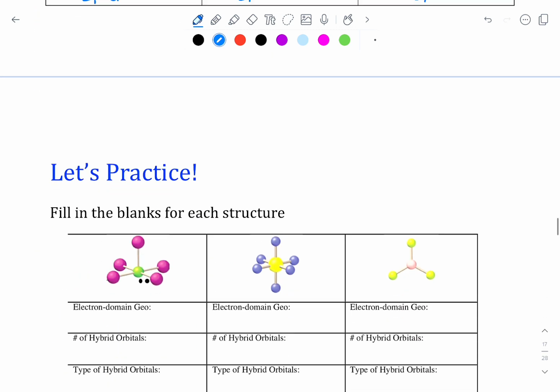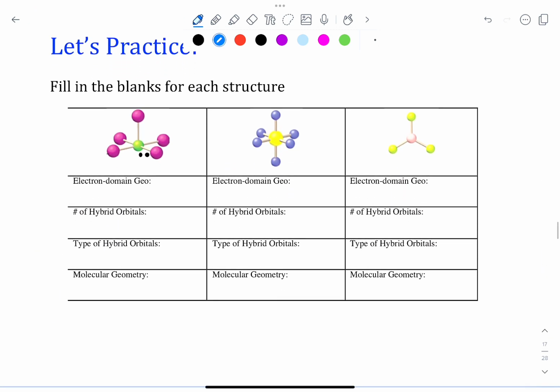Okay, let's continue on. What if we didn't know what our central atom was? How could we find the number of hybrid orbitals or the type of hybrid orbitals? This is where our electron domain geometry really comes into importance. So for each of these structures, determine the electron domain geometry, the number of hybrid orbitals, the type of hybrid orbitals, and the molecular geometry.